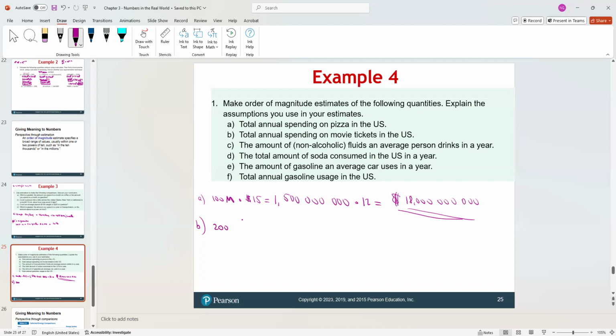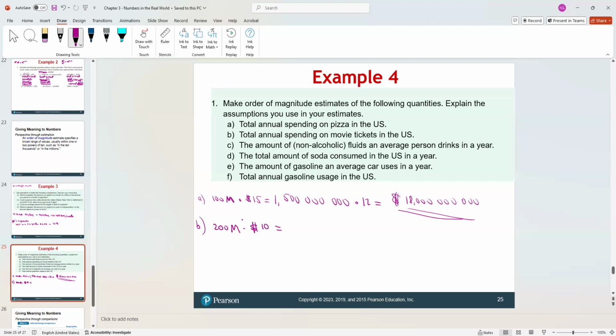If you go over the internet and check, I did my own research on this. About 200 million people go to the movie theater to watch movies per month. Let's suppose a ticket is $10.